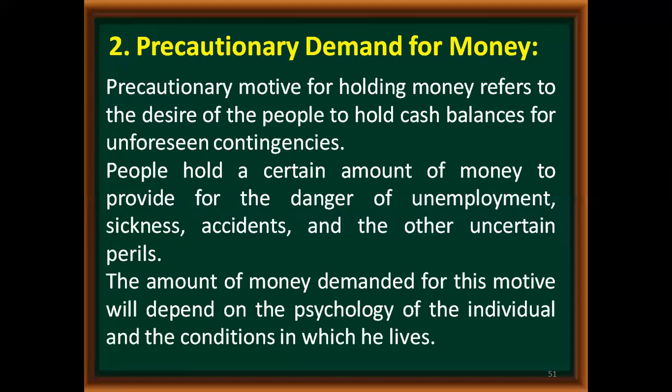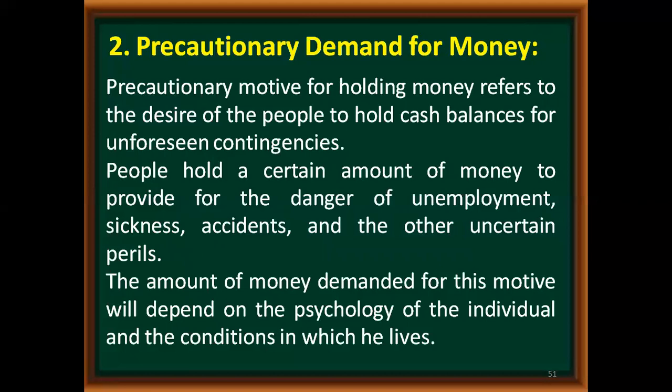The precautionary motive for holding money refers to the desire of people to hold cash balances for unforeseen contingencies. People hold a certain amount of money to provide security against the danger of unemployment, sickness, accident, and any uncertain event.